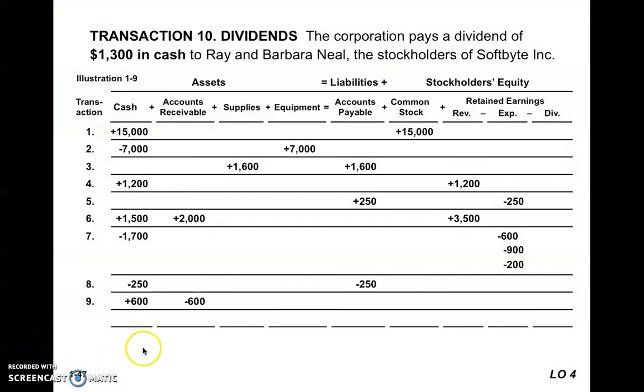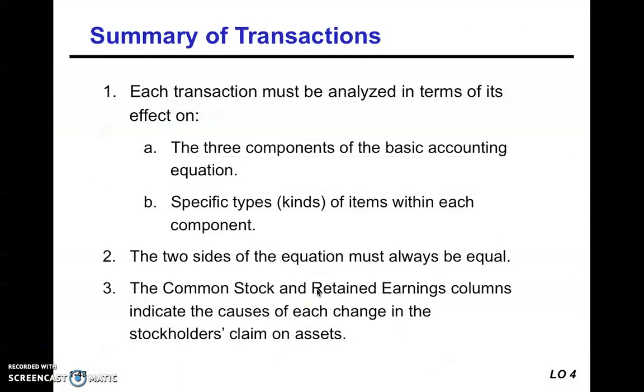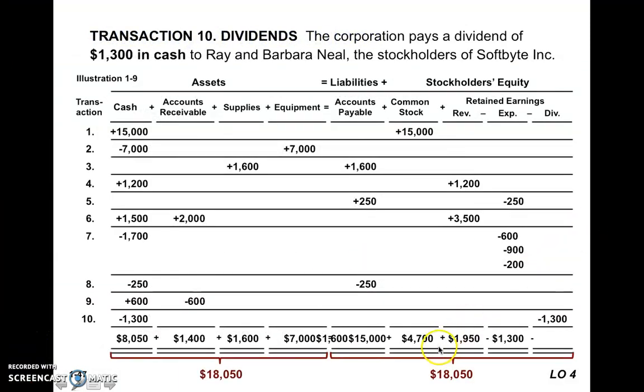And then we have 4,700 of revenues, 1,950 in total expenses, 1,300 in dividends. And if we add all the assets, 18,050 is the total, which equals the sum of liabilities and stockholders' equity, meaning the basic accounting equation, assets equal liabilities plus stockholders' equity, is in balance.